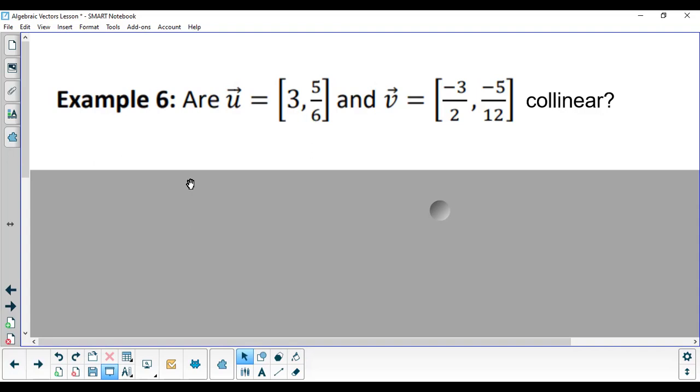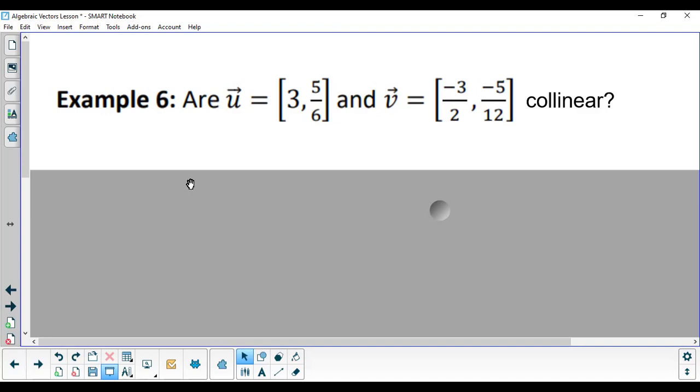When the question is asking, are they collinear, we have to check that there is some type of scale factor that keeps the ratio from the x coordinates the same as the ratio from the y coordinates. That's what the formula you copied down on the last slide meant. The ratio of the x coordinates will be the same as the ratio of the y coordinates.